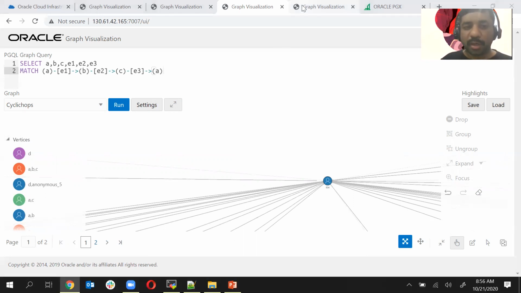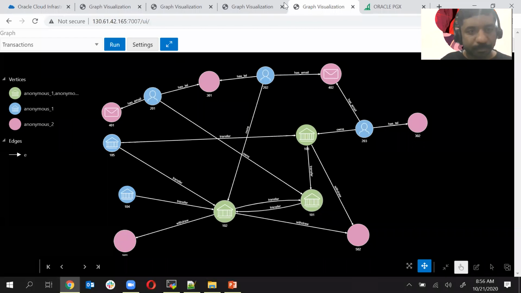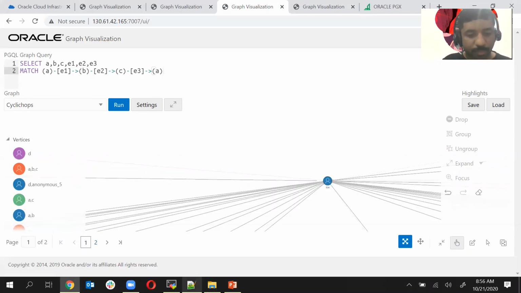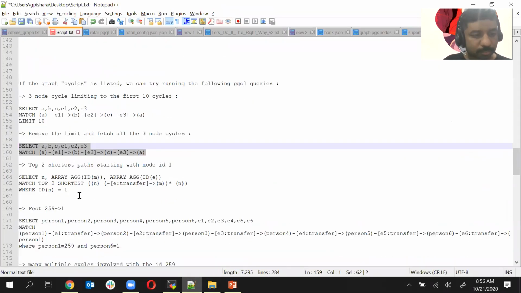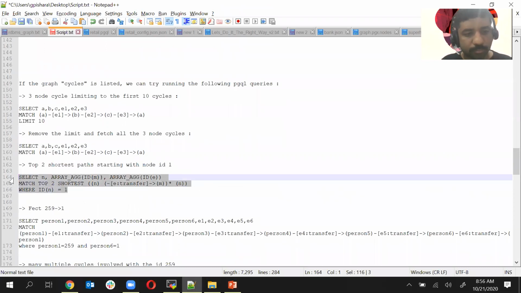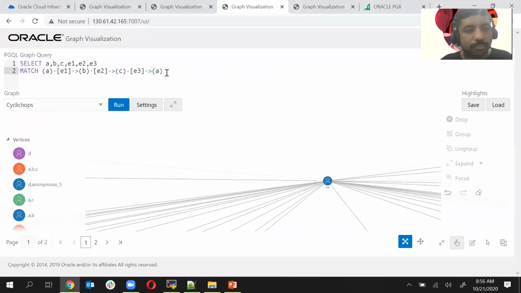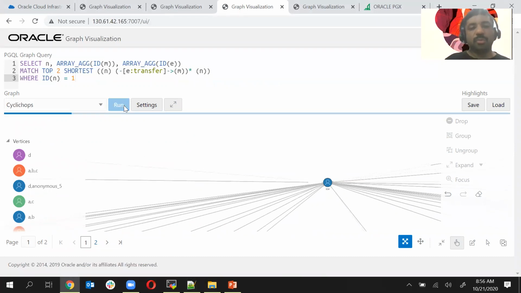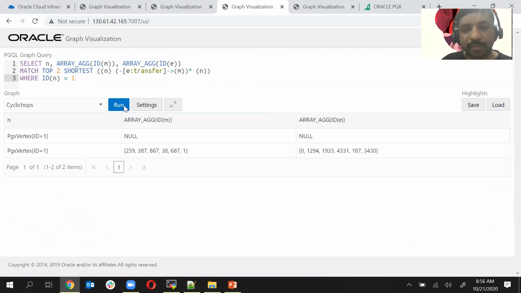So let's try to run a different query as well. Let's now see if we can fetch two of the shortest paths from the financial transaction graph that we have loaded in memory.